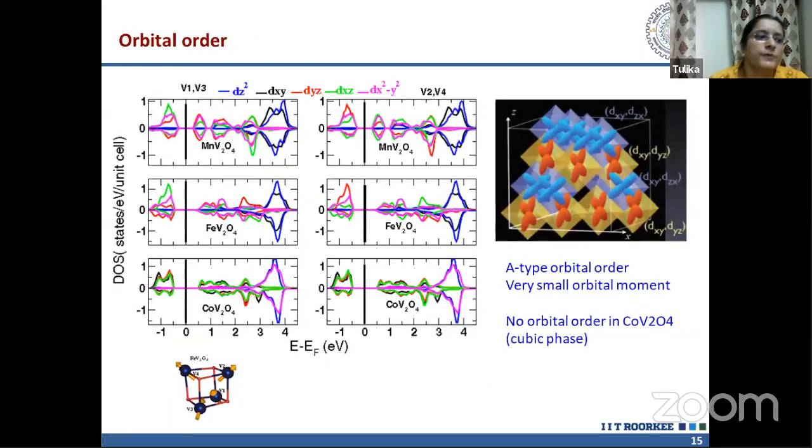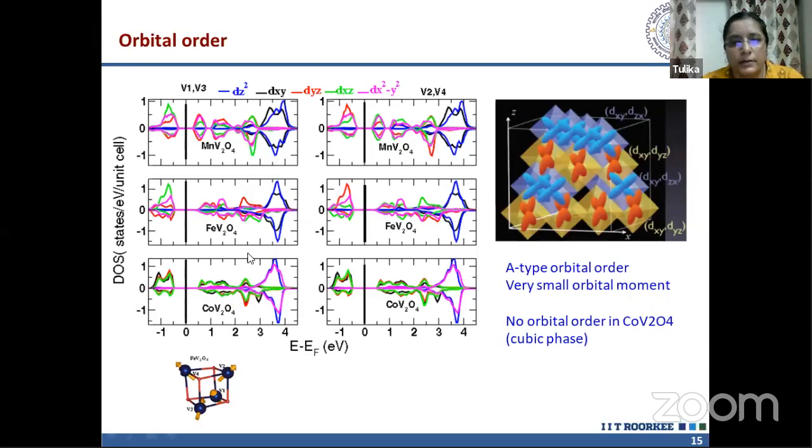We also performed orbital order calculations for this non-collinear magnetic state, and what we see here is that for these four vanadiums, V1, V3, V4, V2, for V1 and V3 the dxz orbital is predominantly occupied, whereas for V2 and V4 the dyz orbital is predominantly occupied, both in MnV2O4 and FeV2O4.